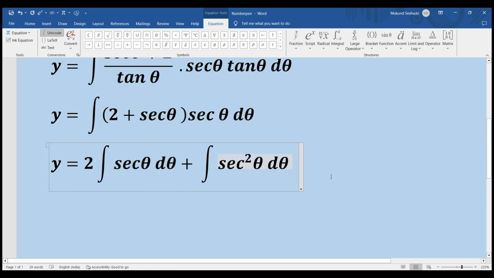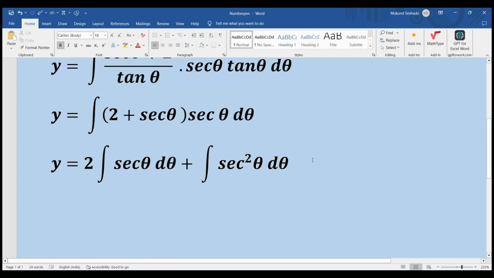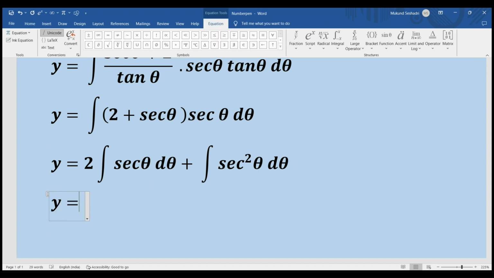So there we are. Now solving this from here on is not very difficult, and we have learnt in our earlier videos how to go about solving integral of secant theta d theta, and I'll also give a link to that particular video in the description where we have solved for integral of secant x dx. And what is that?